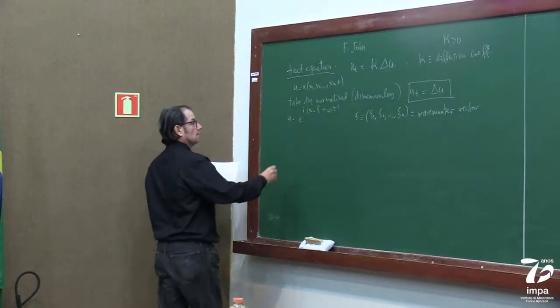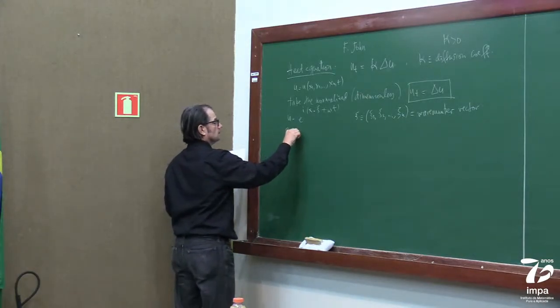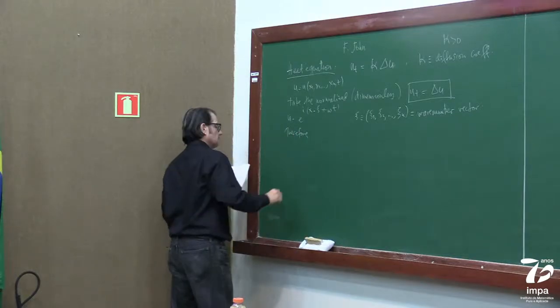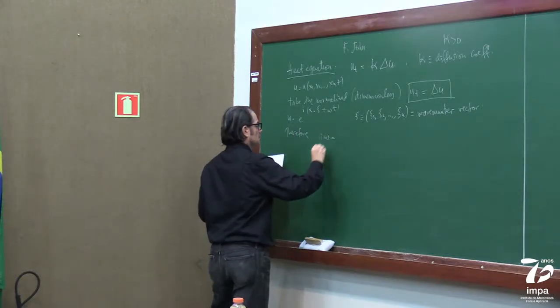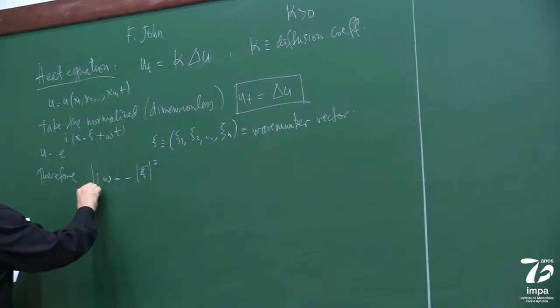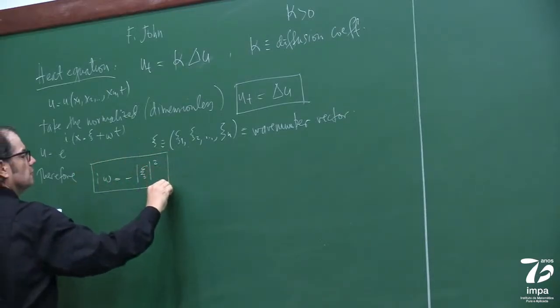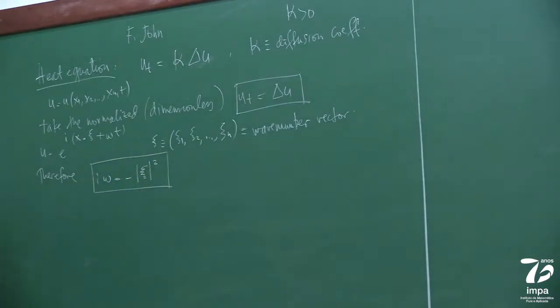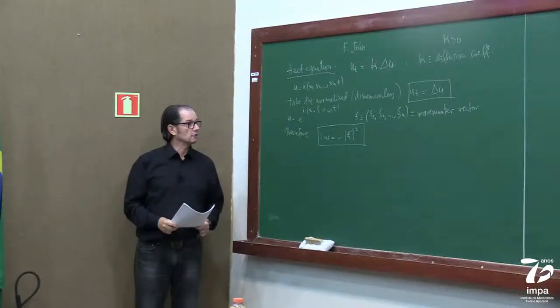So therefore, we can write that i omega is equal to minus the absolute value squared of the wave vector.